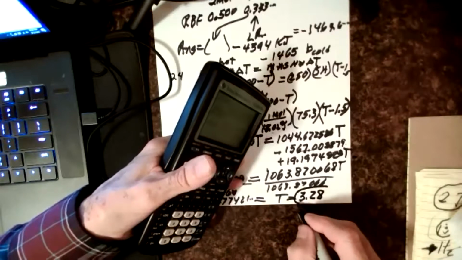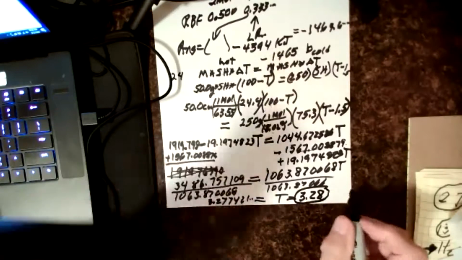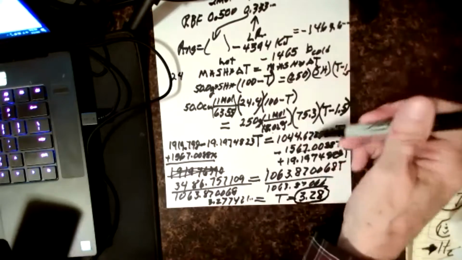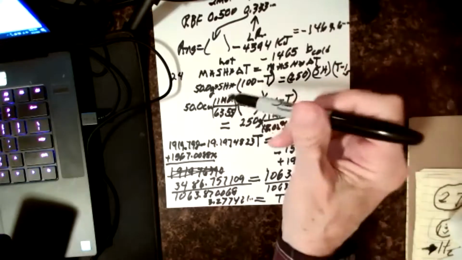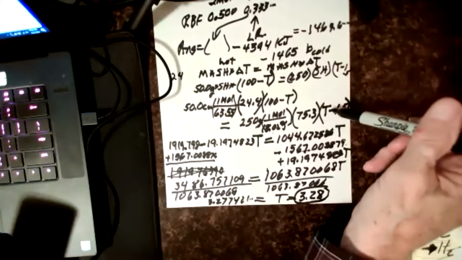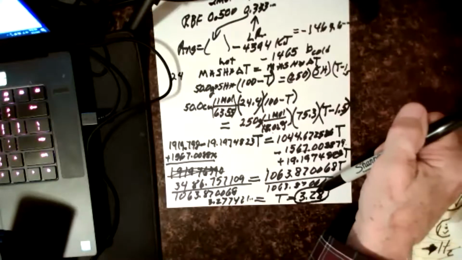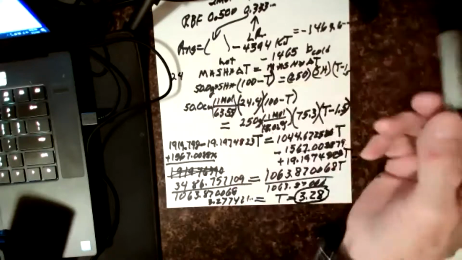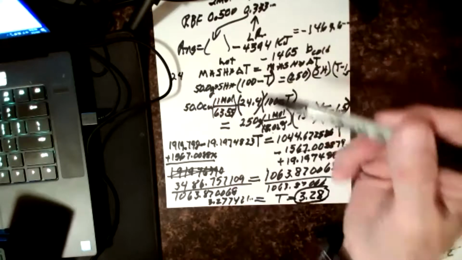Now let's see if this makes sense to us. The temperature has to be between 100 and 1.5. It is. Now, it's closer to the 1.5 than it is to the 100. Shouldn't it be? Yes.